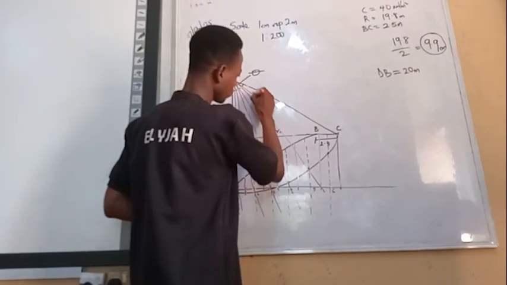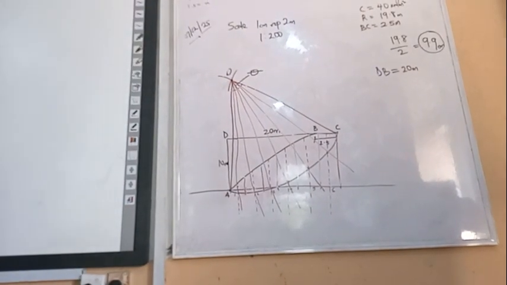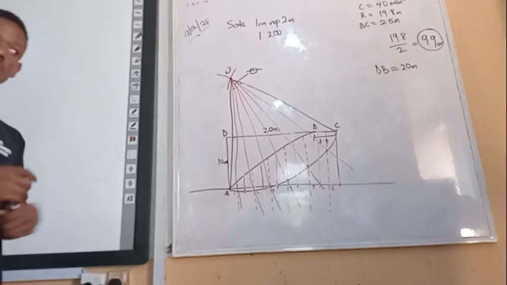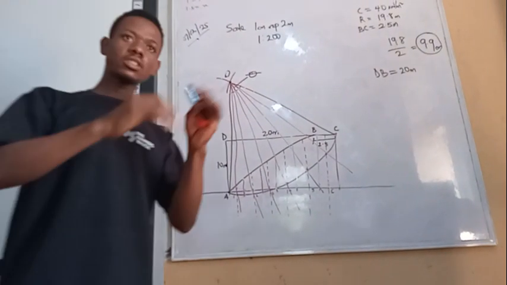Don't make your lines too thick. Make it visible enough for you to know what you've done and for the lecturer to see, but not so that it will disturb other things.